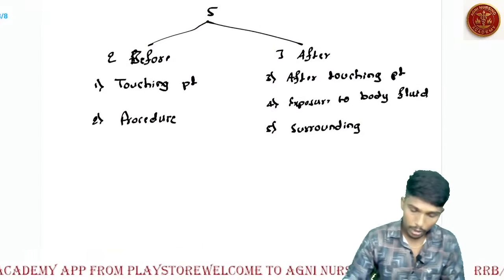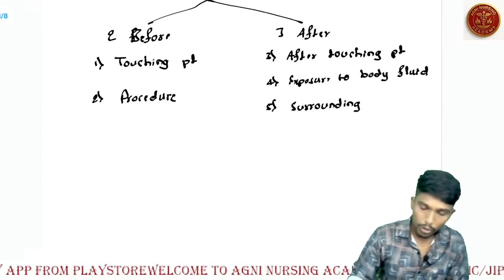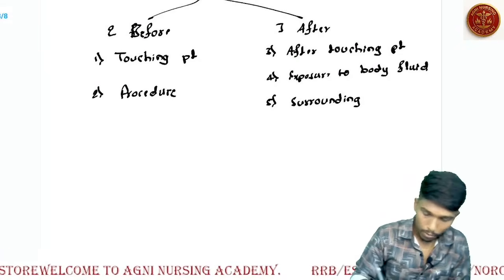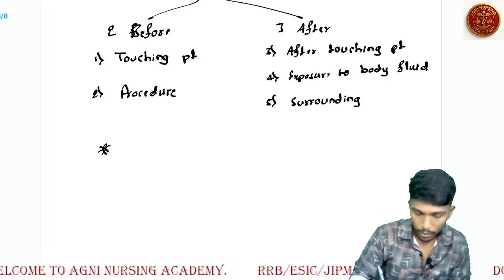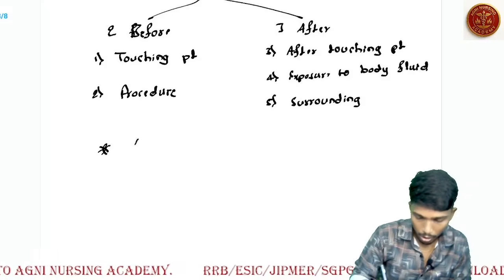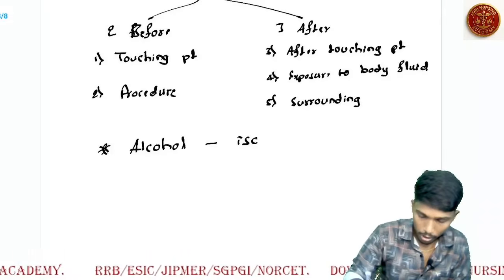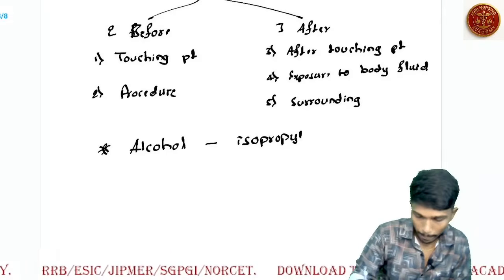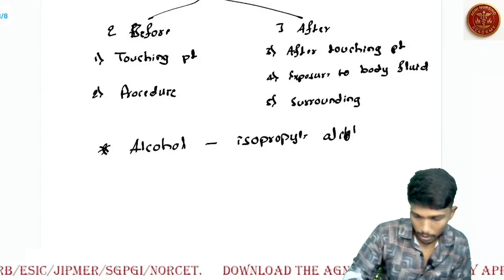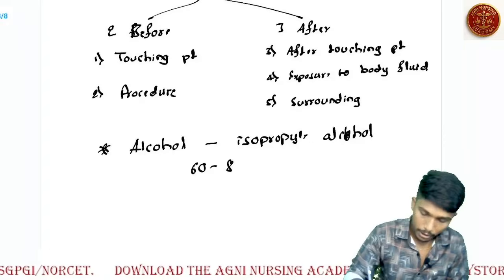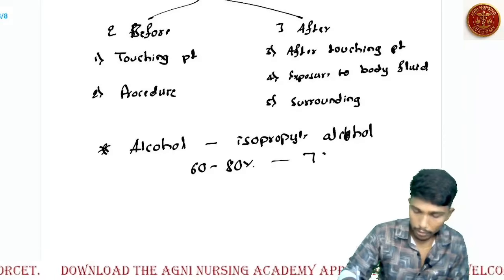And which are the solutions for hand hygiene? We have to use alcohol, that is isopropyl alcohol. The concentration should be 60 to 80%, and the ideal is 70%.